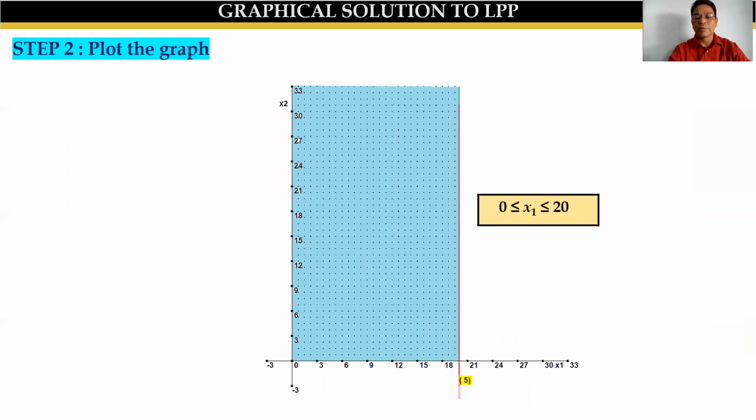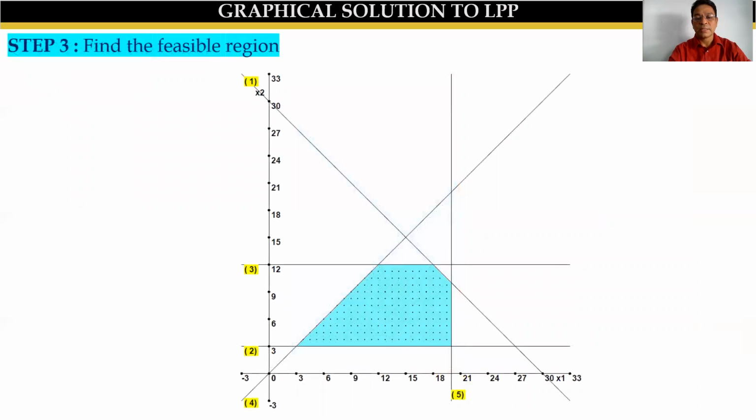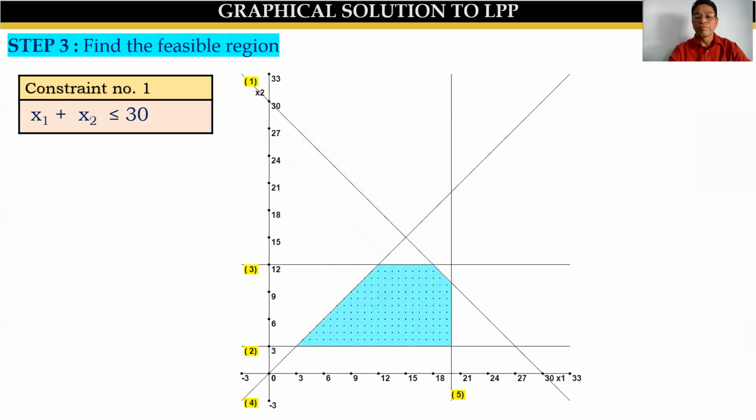So x1 should be between 0 and 20, in this direction only. So if I merge all the constraints, I will get this region.